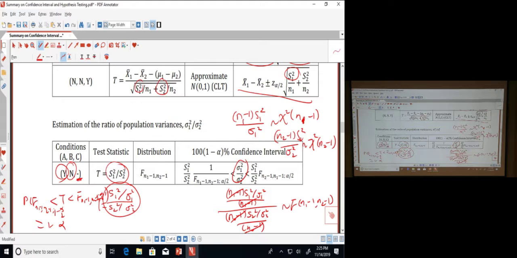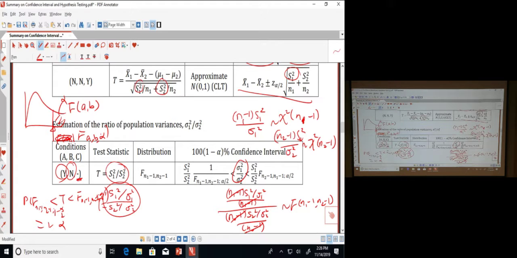And just in case you need to get all these F values, only the upper tail probabilities are given to you. In other words, if this follows an F_AB distribution, the probability of being bigger than this point is alpha, F_AB alpha, the notation that I use. That means this is a constant for which an F distribution with A and B degrees of freedom is bigger than this constant with probability alpha.